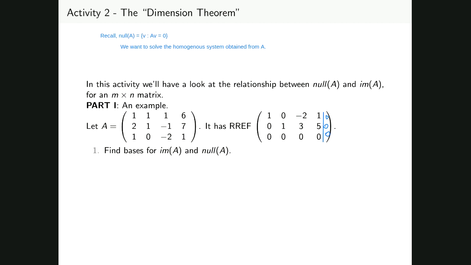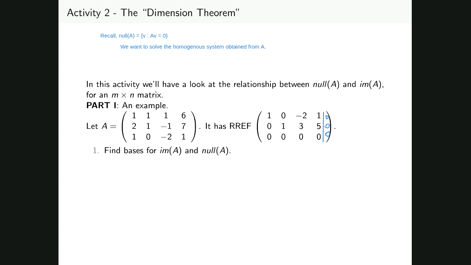Okay, and now we want to solve this, and this is finding the basic solutions. We call them basic because they're the simplest solutions, but they're also a basis for the null space.